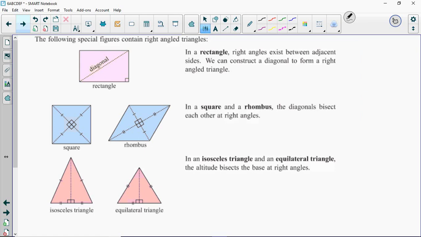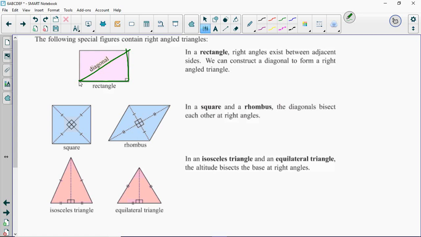In a rectangle, if we draw in a diagonal, we have then made a right triangle. Actually, we've made 2 of them. So you may need to draw in a diagonal to create a right triangle so that you can use it in the problem.